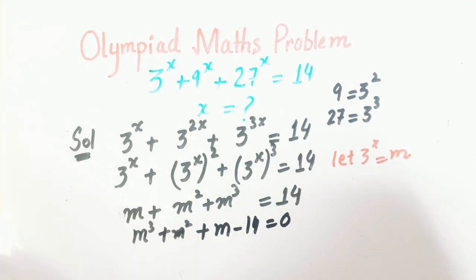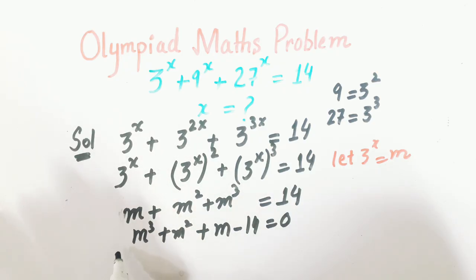Now we will check the factors of this. If we substitute m equals 1, then 1 plus 1 square plus 1 cube will not equal 14. If we substitute minus 1, then minus 1 plus 1 will be cancelled out and then it will not equal 14.